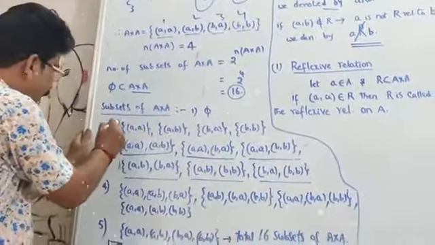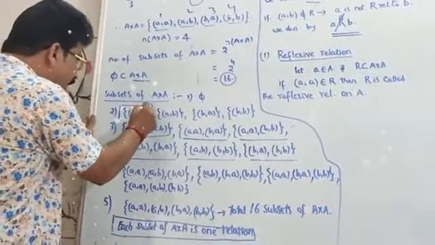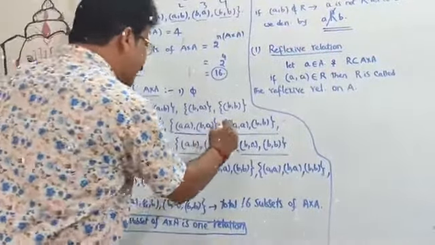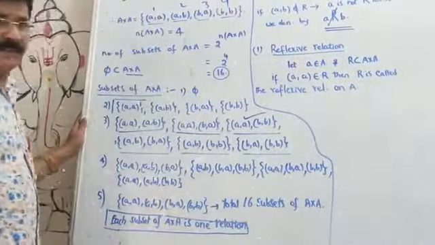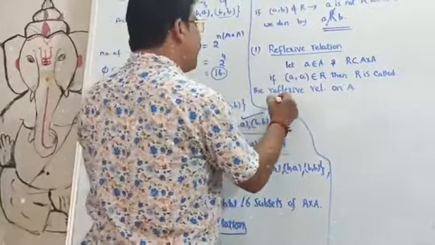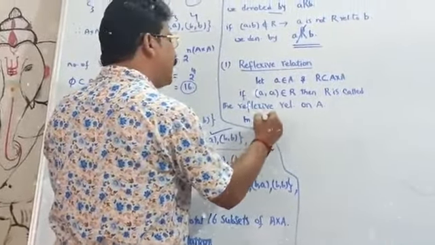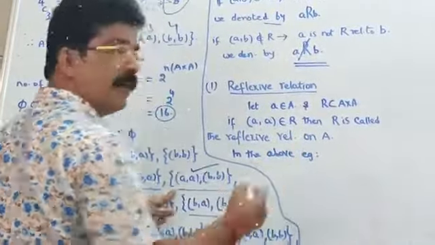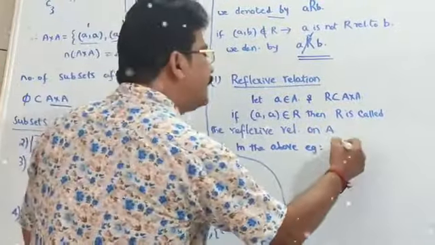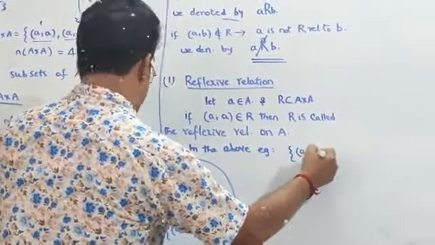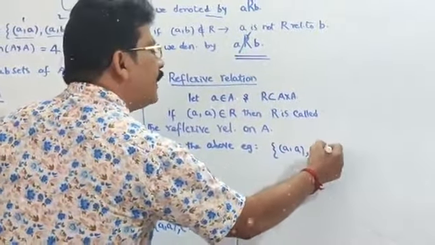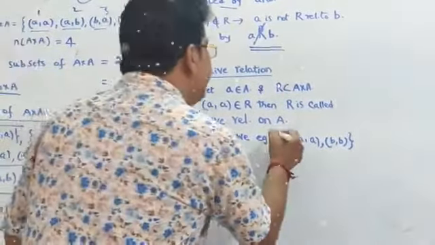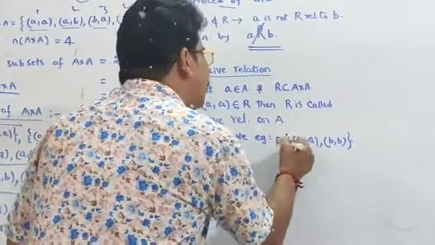I am taking only this. For example, let us write A, B. I will take this subset here. In the above example, the set of A comma A, B comma B. Let us consider this set. Name it R1.